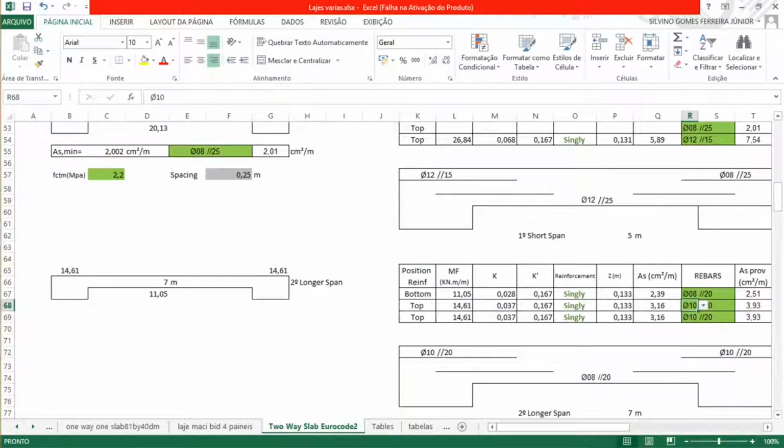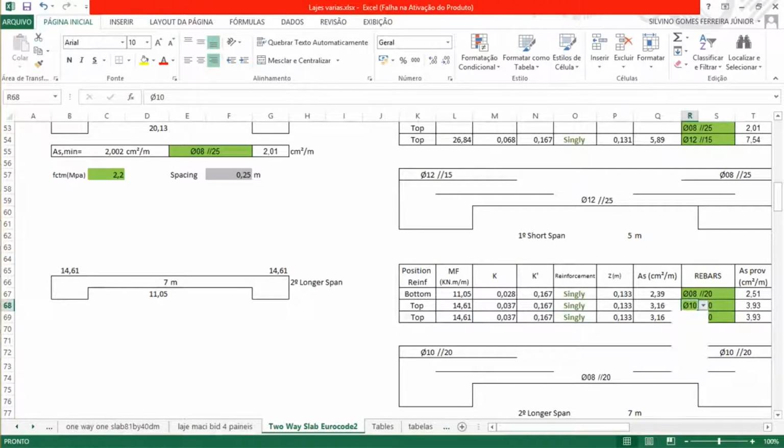And using diameter of 10 spaced by 20 here on the top gives 393. So I use the same spacing of 20. If we use 25, 340, it's not enough, so 20 spaced by 20 centimeters.